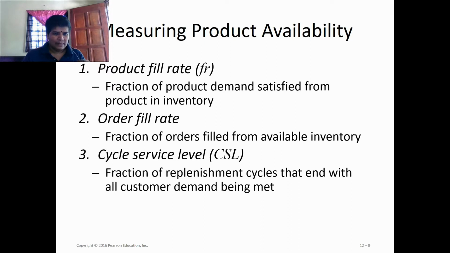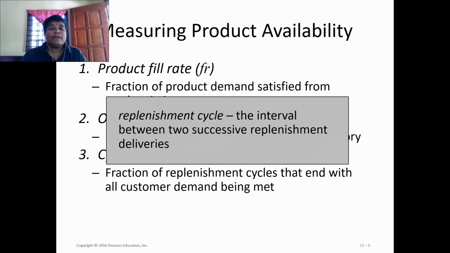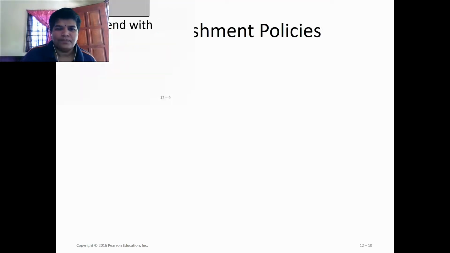Third is cycle service level, CSL, the fraction of replenishment cycles that end with all customer demand being met. A replenishment cycle is the interval between two successive replenishment deliveries. That is called a replenishment cycle.